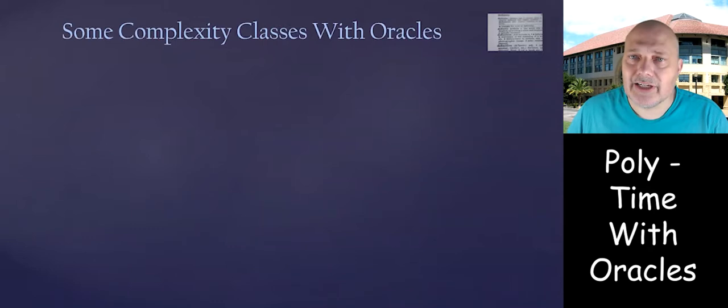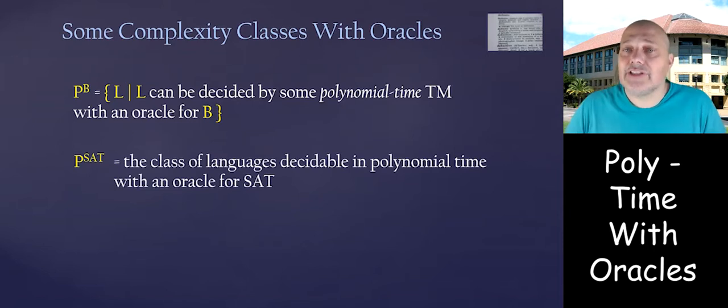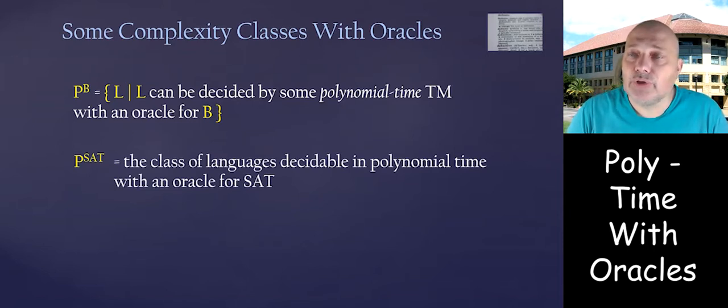So some complexity classes with oracles. P to the B, for polynomial time with access to B, is all the languages that can be decided by some polynomial time Turing machines that have an oracle for B. That applies for any language. For example, P to the SAT are all the languages that are decidable in polynomial time with an oracle to SAT. If I give you a SAT oracle, what can you solve?